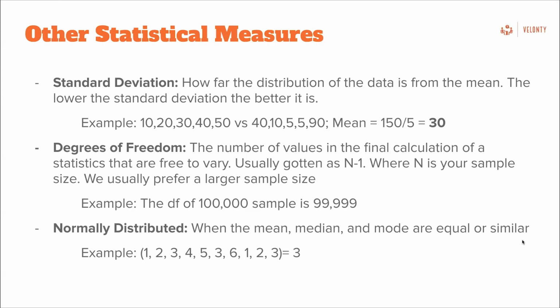You square them so as to take away the negative. You divide them, you do some more math behind that. When you do that, if you do this also, 40 minus 30, 10 minus 30, 5 minus 30, you will notice that this data has a bigger standard deviation compared to this data.